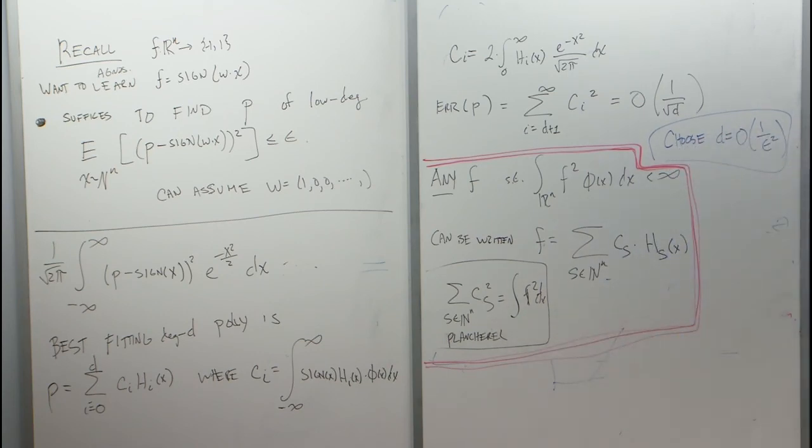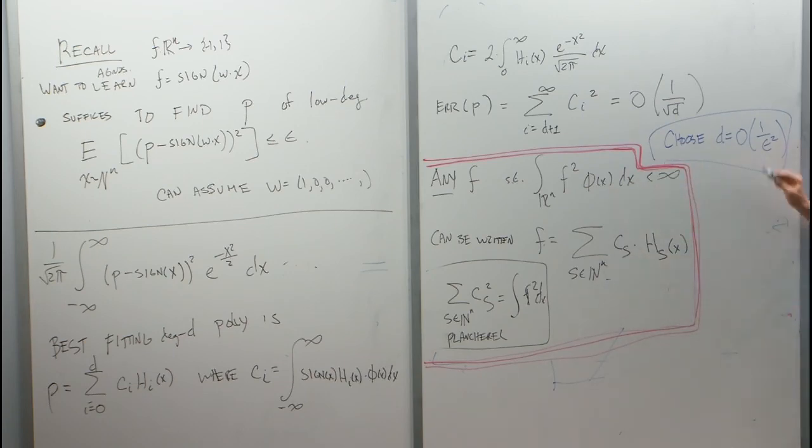So I'm just trying to really nail home the fact that when we were thinking about learning with respect to Gaussian densities, we didn't think it had anything to do with learning with respect to the hypercube, because you have this nice discrete Fourier analysis. But then we realized that more generally, whatever domain you're working in, as long as there's some family of orthogonal polynomials, you're always going to be able to do this decomposition.